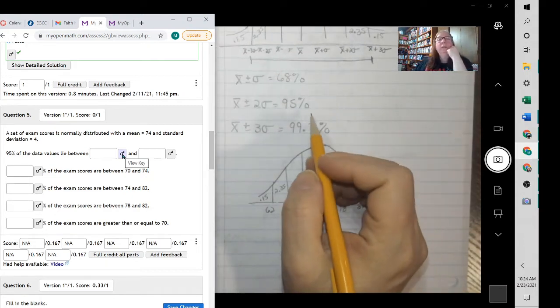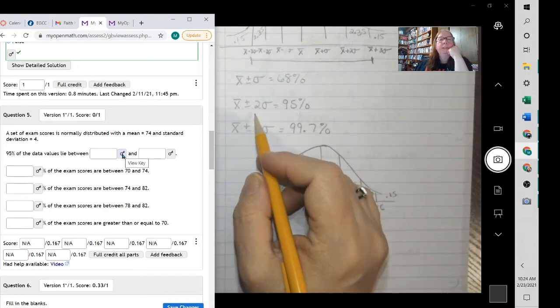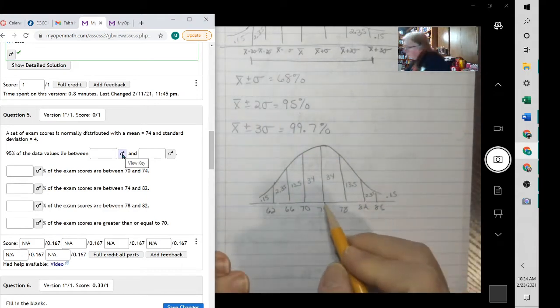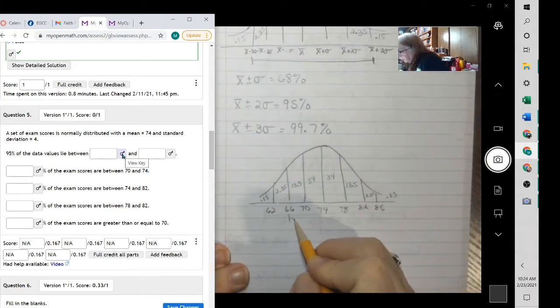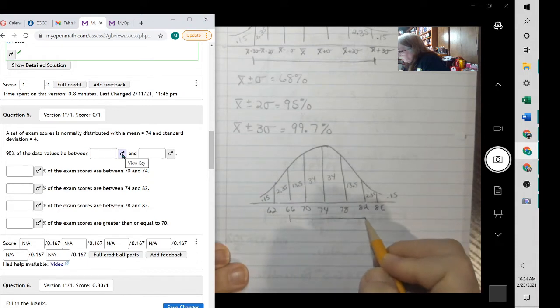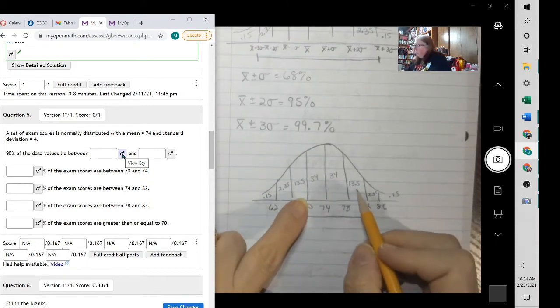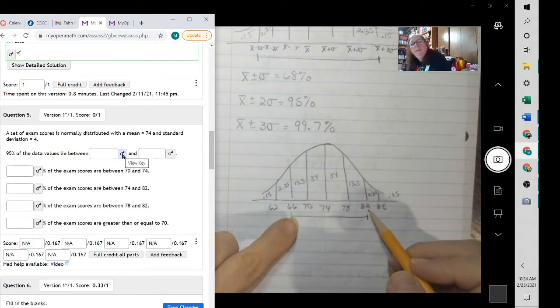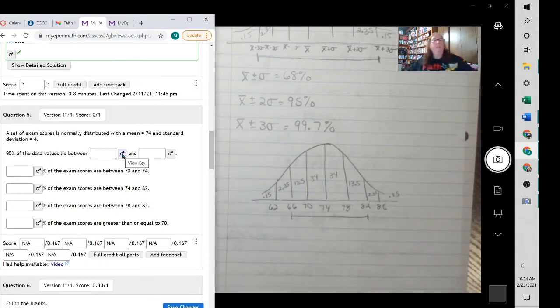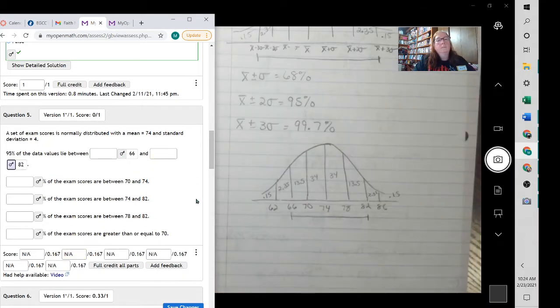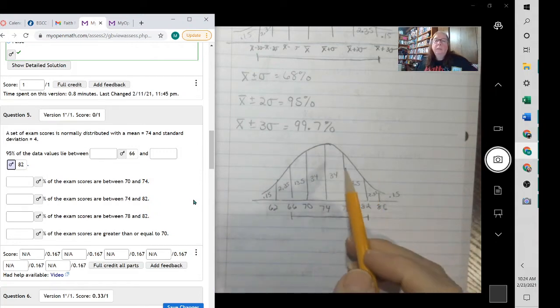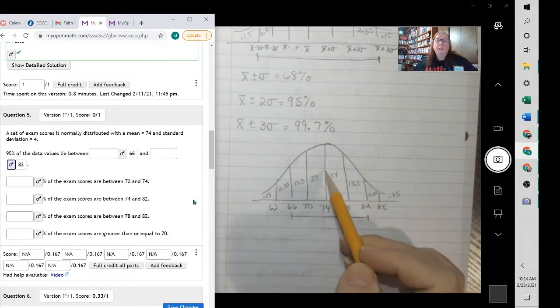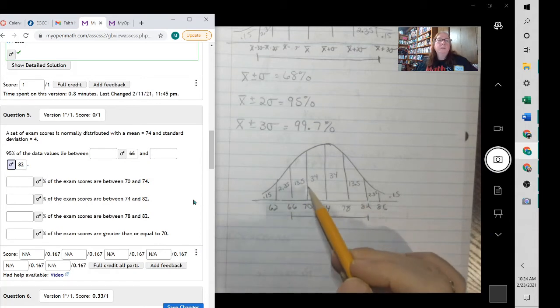Well, we said the middle 95% was 2 standard deviations. And if we add from here to here, we will get 95. So the middle 95% is 66 to 82, because that would be in the middle 95% if you add your percents.